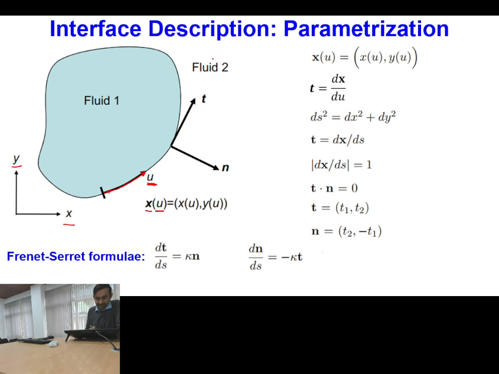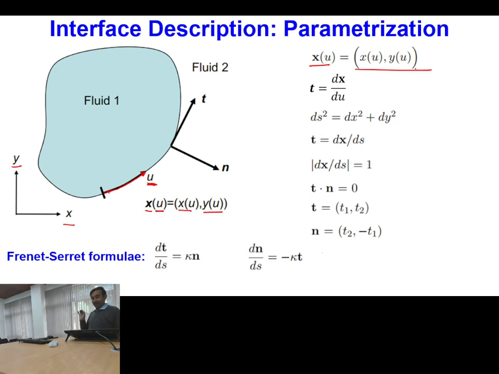Corresponding to this, I will get different values of x and y. So this type of approach is called the parameterization approach, where we have defined some mathematical parameter which exactly matches the shape of the interface, and using that parameter as the argument for the position vector, we can define the locations or position vector of the interface. Is this point clear? So that is what I have written over here.